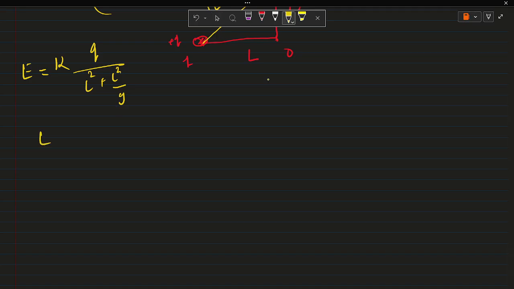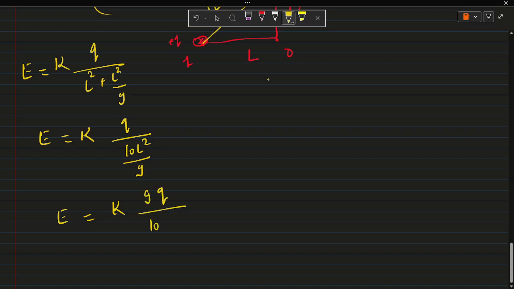That is E equals KQ divided by 10L squared by 9. E is equal to 9KQ divided by 10L squared. So this is the value of the electric field.